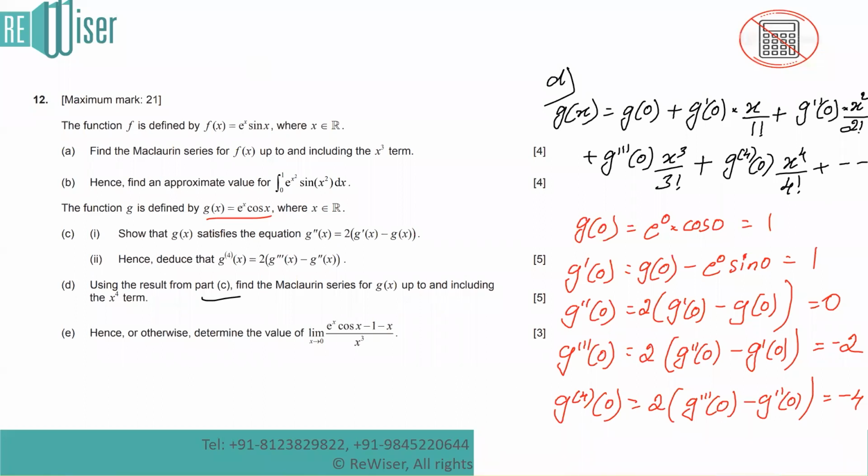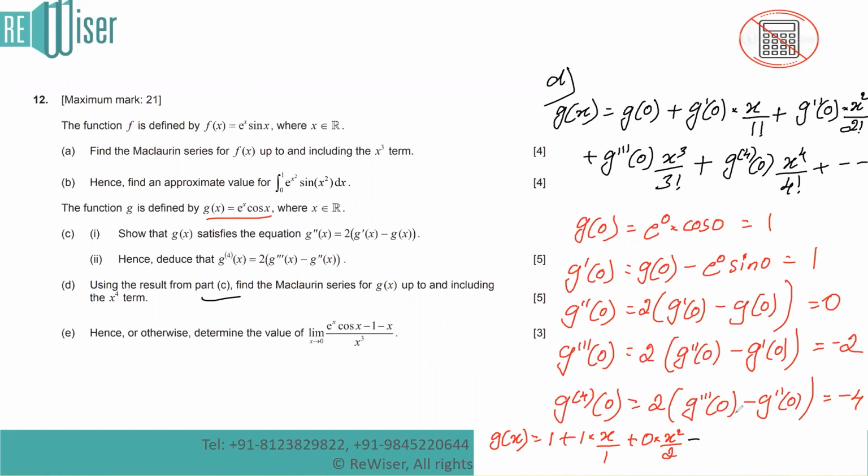Or we can also simplify that. So if I substitute that, g of x is equal to g of 0, which is 1, plus 1 times x by 1 factorial, which is 1 itself, plus g double dash of 0 is 0, so 0 times x squared by 2 factorial, which is 2.